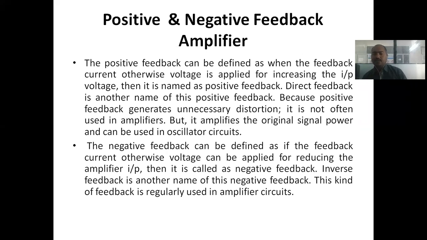So the input signal is a sine wave, and the feedback coming is a cosine wave. So both signals, input and output, have 180-degree phase shift. They are not in phase; it is also called out of phase. So if the input signal and output signal are out of phase, that type of feedback is called negative feedback.